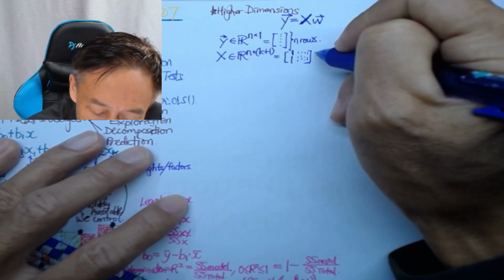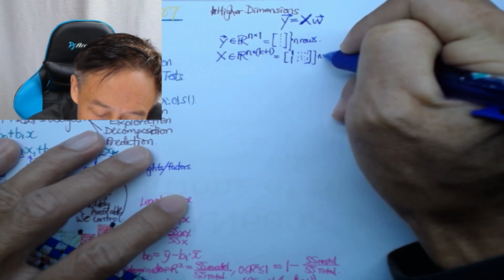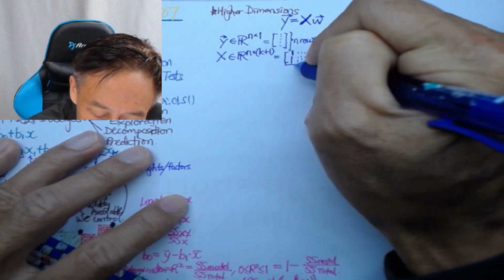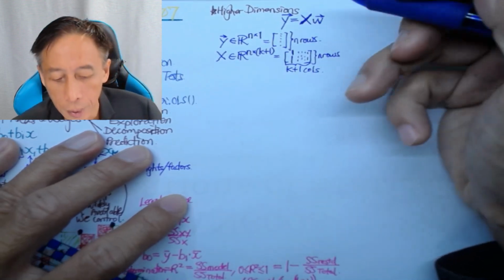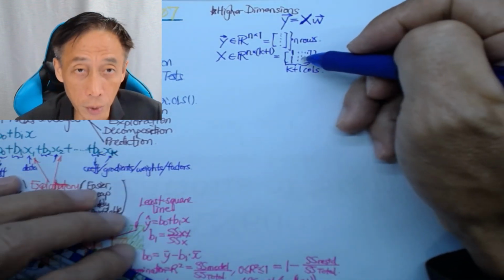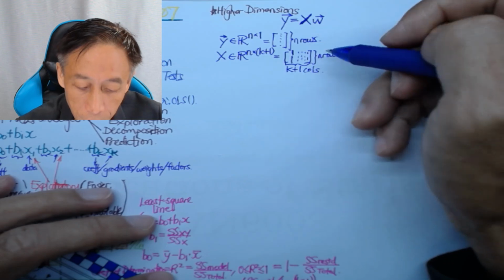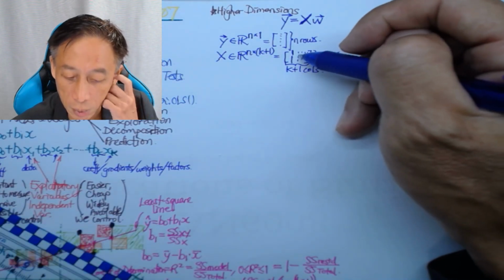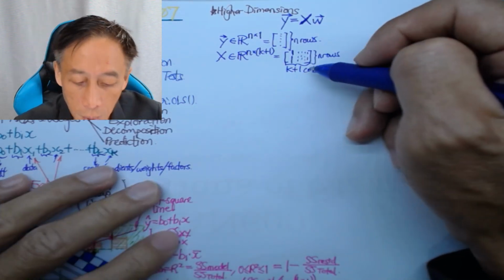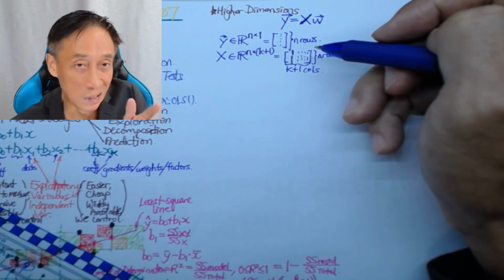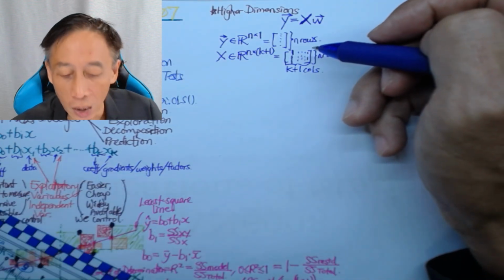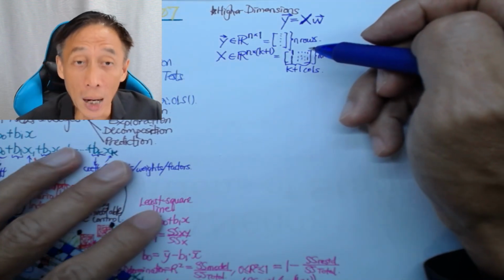So n rows and k plus 1 columns. K is the number of variables we have, right? Yeah, because we were saying number of hours of sleep, number of hours of study, and so on. Plus 1 because the first column will be inserted with a 1 to account for the y-intercept.